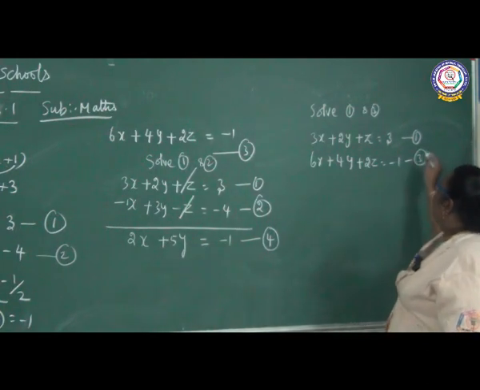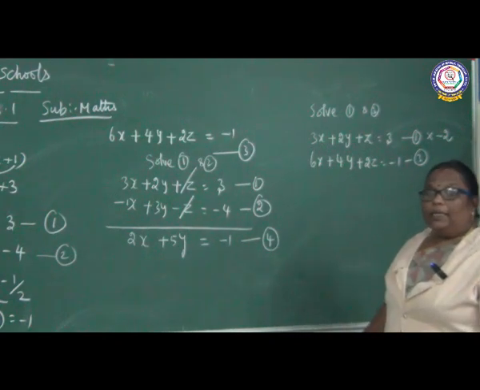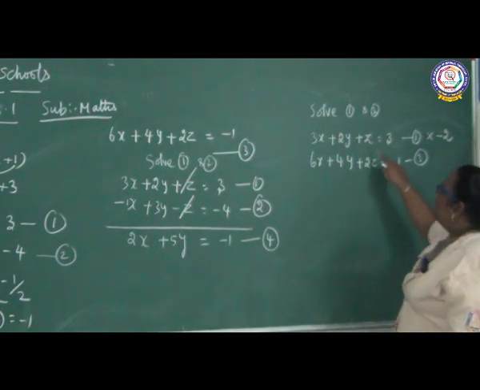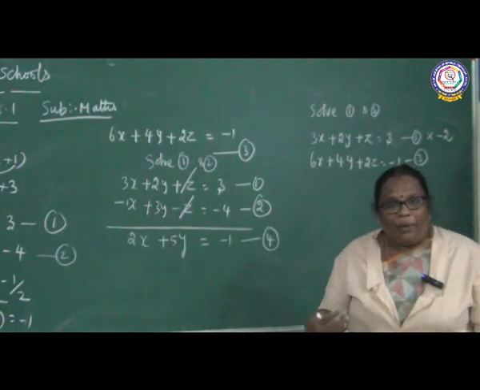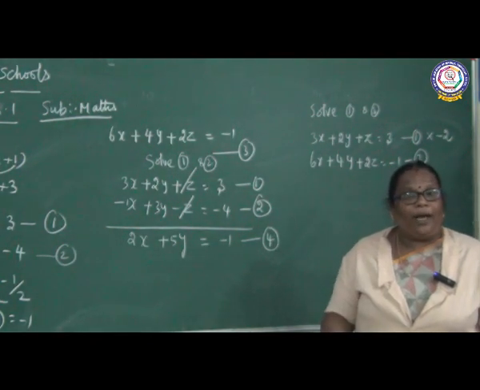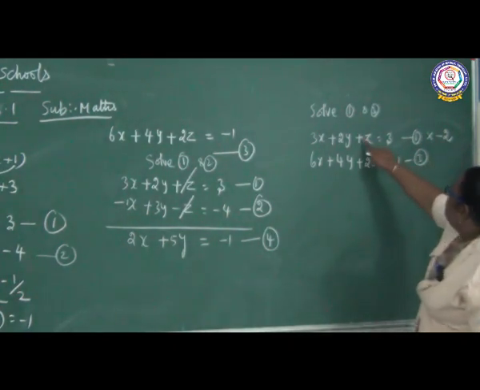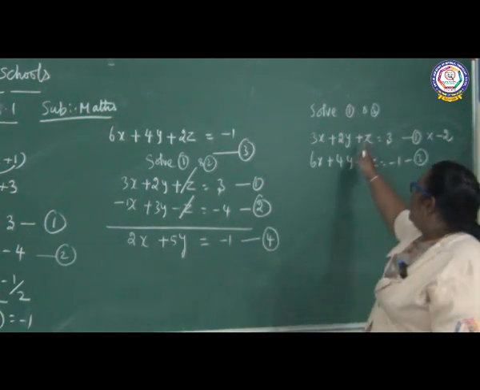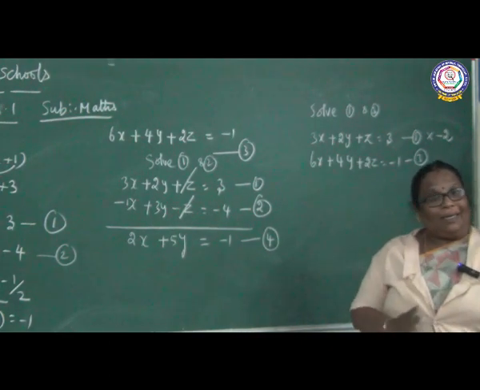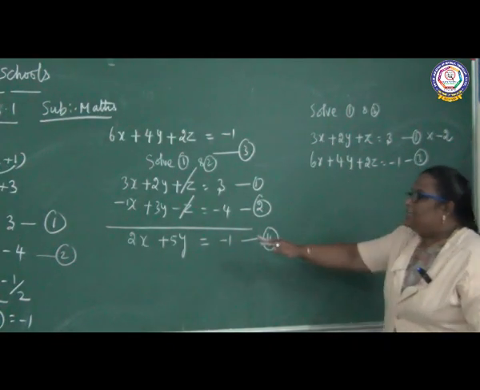Multiply the first equation by minus 2, because this is 2z and this is plus z. When I multiply by minus 2, I get minus 2z. So it is easy, I get x and y alone.